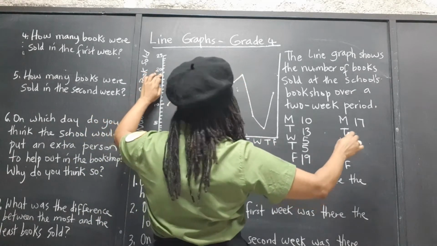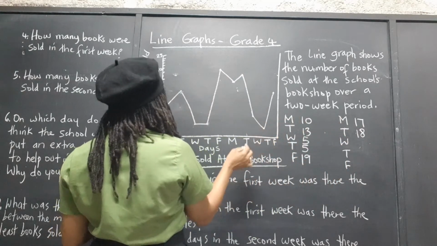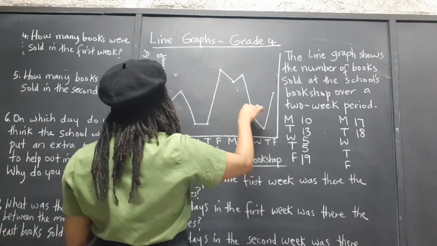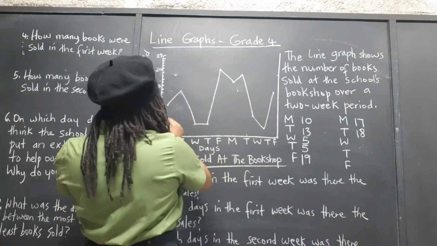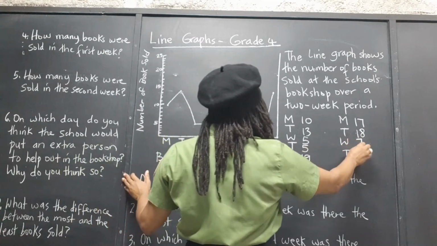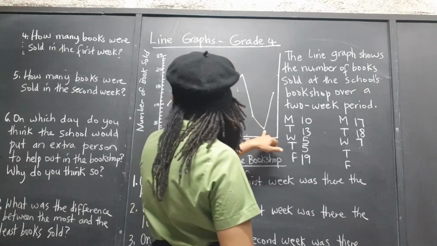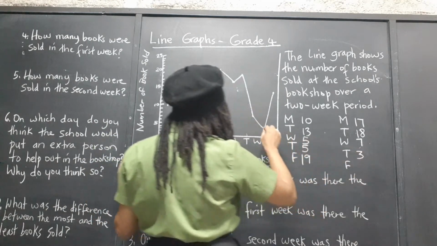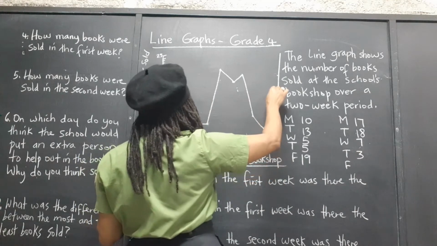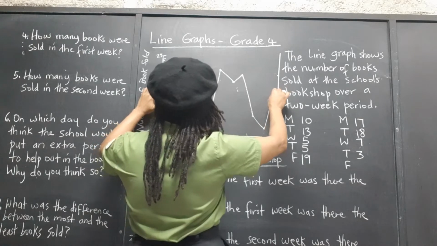No, 18 books sold. Wednesday, it decreased all the way, take the reading over, to 7 books. Thursday, it decreased even more to 3 books. Friday, it rose sharply again. And this time, it was 13 books.